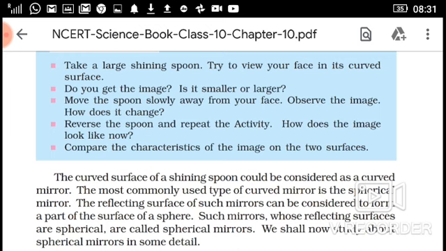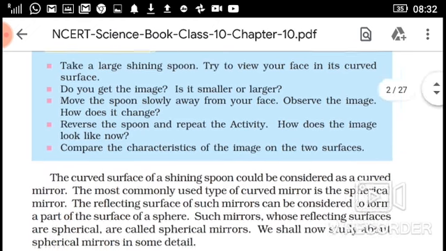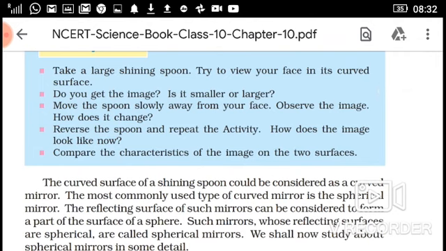When you bring the spoon closer to you, the image size should be large. When you move the spoon away, the image size will be small.